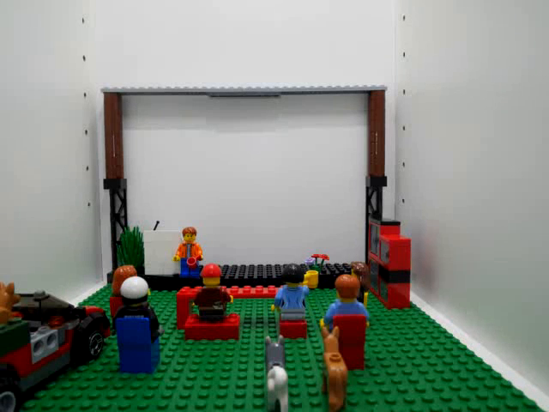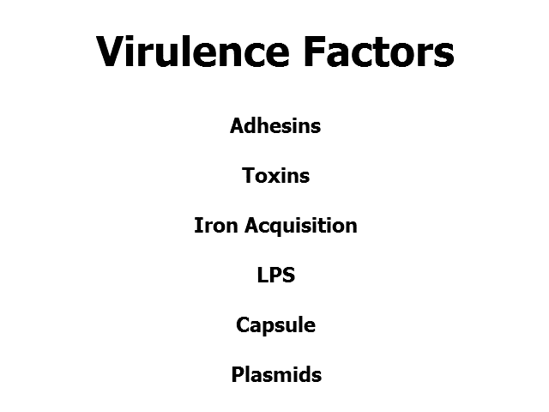So all of the Enterobacteriaceae group have a number of common virulence factors. They all have adhesion molecules on their outer surface.